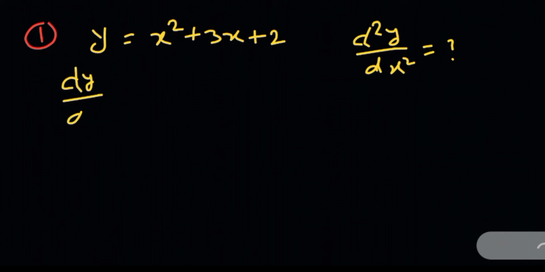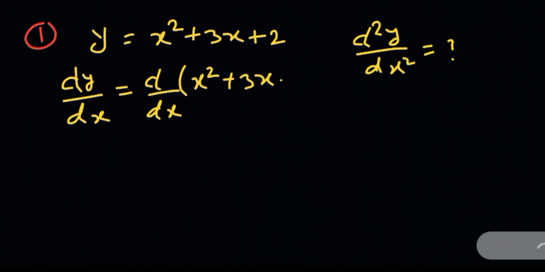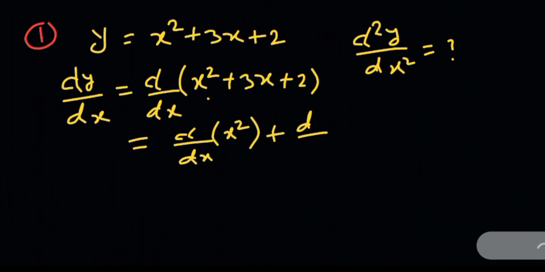So I will write dy upon dx, and then use the algebra and find the derivative of each term: derivative of x square plus derivative of 3x plus derivative of 2.